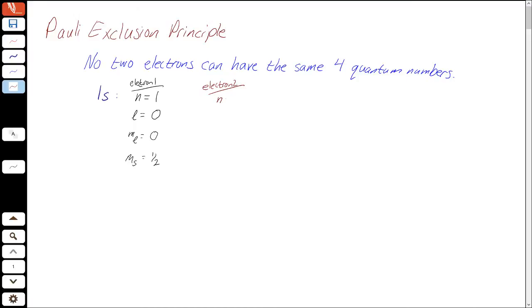If it's still in the 1s orbital, then its n is still 1, its L is still 0, ML has to be 0. What does MS have to be then? Yeah, it has to be negative 1/2 because there's already an electron in that atom that has an MS of plus 1/2.